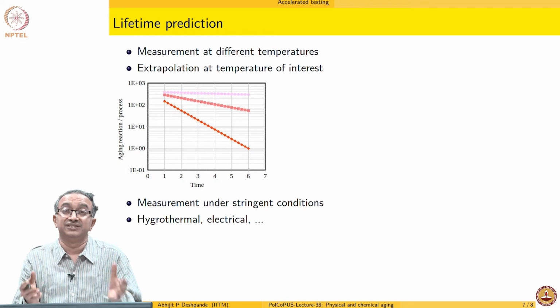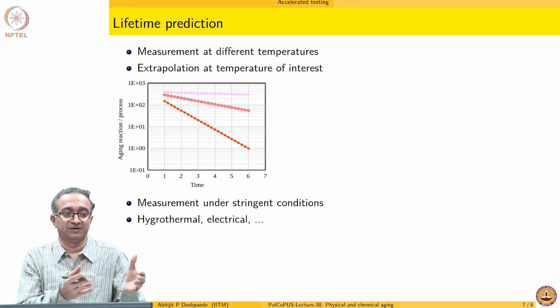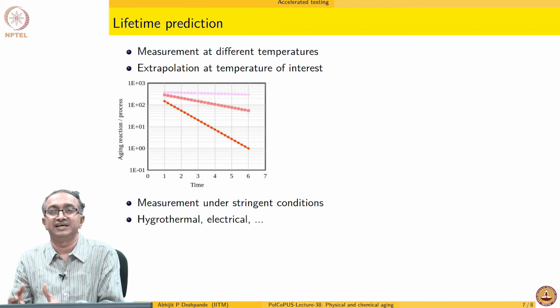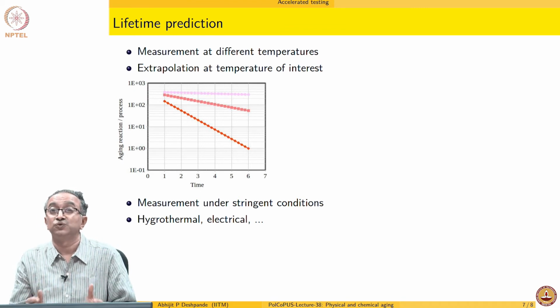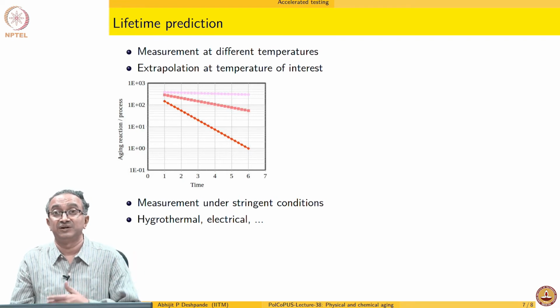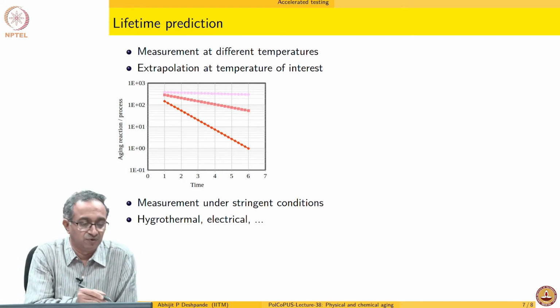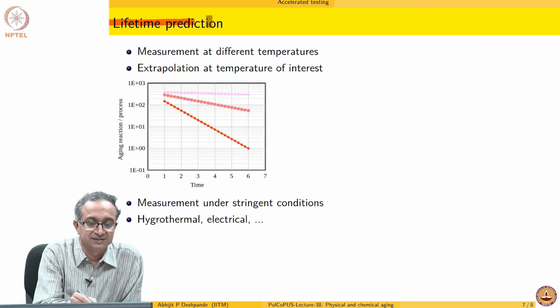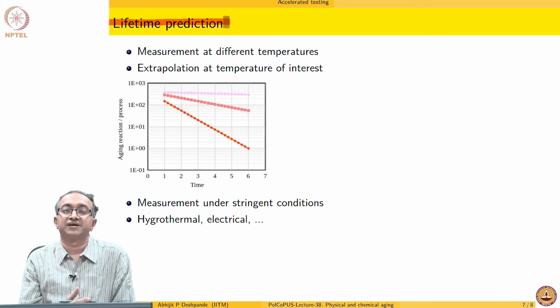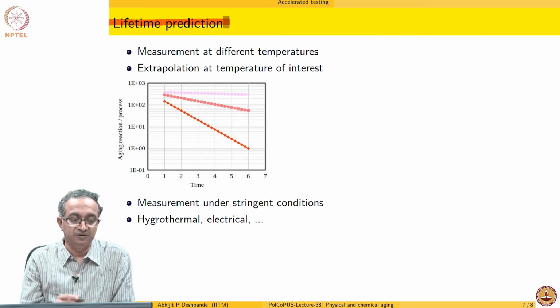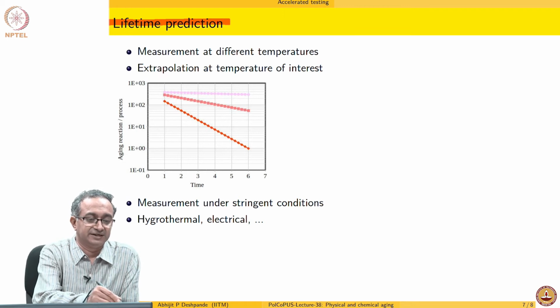Based on this data set, which is over seconds, hours, days and weeks, we need to extrapolate and find what could be the performance over years, 25, 30 years. What becomes very useful in this case are the tools of lifetime prediction, which are all based on what is called accelerated testing.